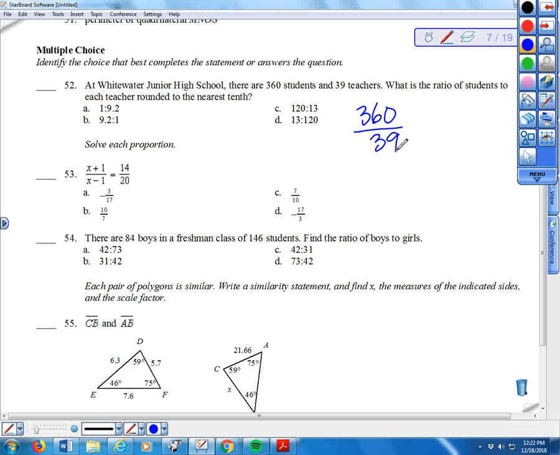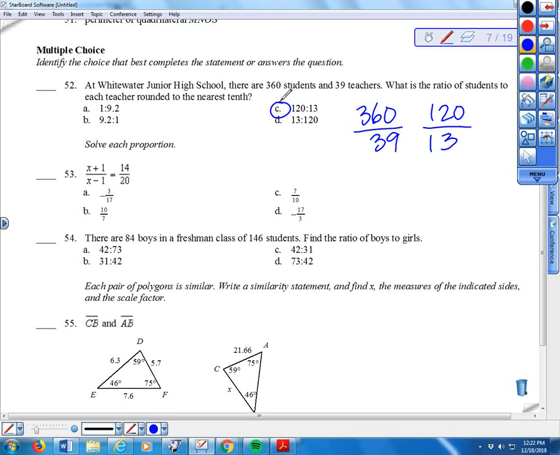Does it go into 39? No. 3 goes into both. 3 goes into 360 120 times. 3 goes into 39 13 times. 120 to 13. Okay, make sure that you're putting the right thing on top or on the left side of your ratio.